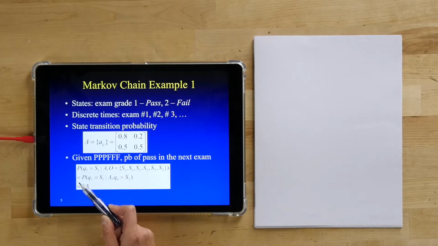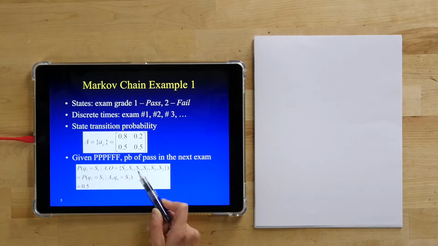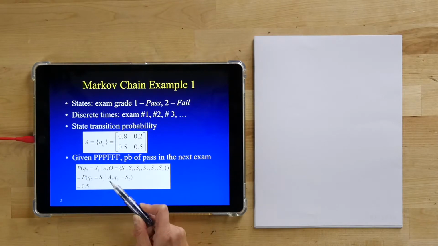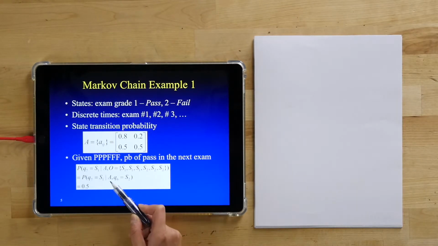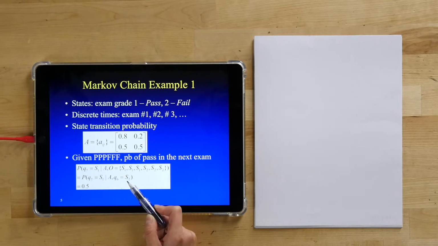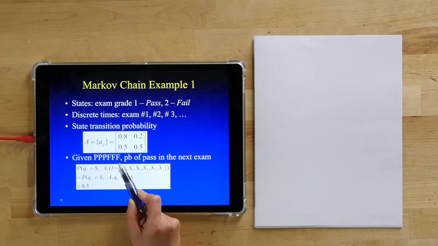If this is a discrete Markov chain, it would mean that it doesn't matter what the student did early on, the chance that they will pass the next exam will only depend on the previous exam, in which case the student failed.